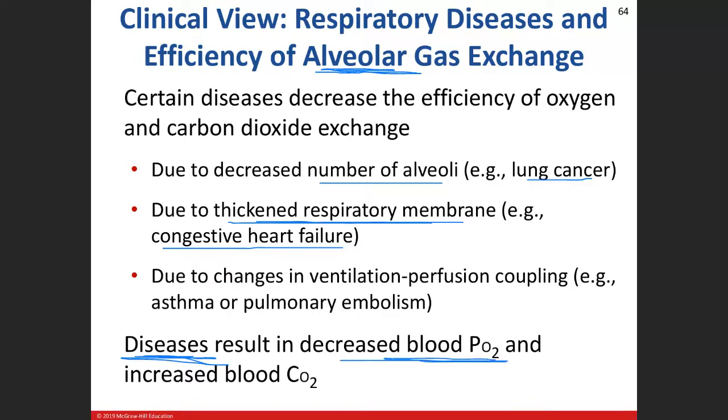So the basic takeaway point for all this is these diseases are going to decrease your blood partial pressure of oxygen, and it will increase the blood partial pressure of carbon dioxide. Uh-oh. Well, we talked about what happens last class with the reflexes that start kicking in.